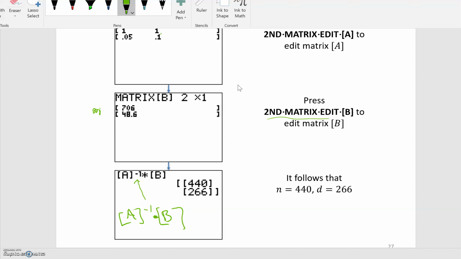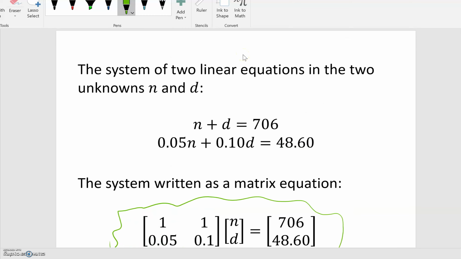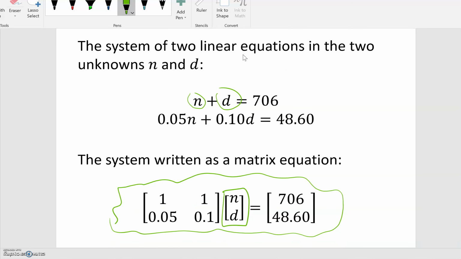Okay. And that gives us the value 440 and 266. So the way to interpret this is because we set our equation up with N first and D second. So you see how that shows up here? N nickels is first, dimes is second.